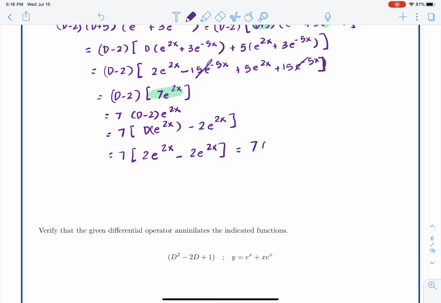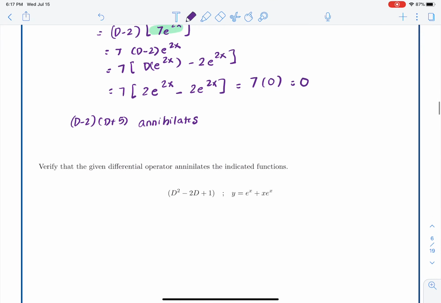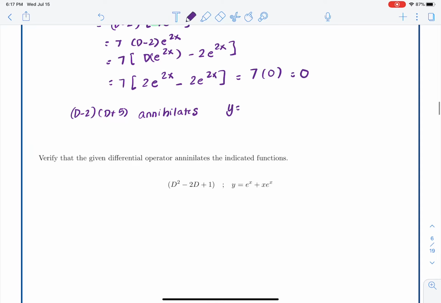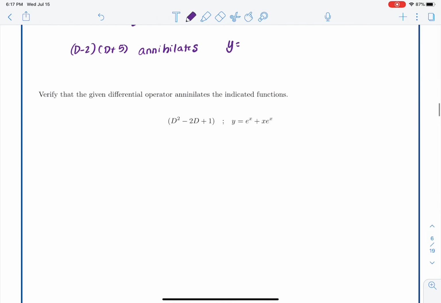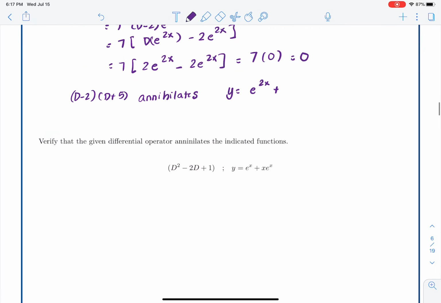That is 7 times 0, 0. So D minus 2 times D plus 5 annihilates y equals e raised to 2x plus 3 e raised to minus 5x.